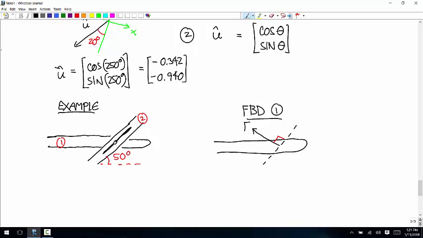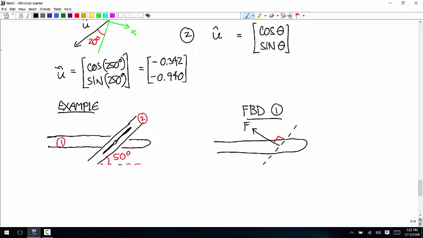We don't know what the magnitude is, so I'll just call it F. At first thought, you might think that's two unknowns, an x and a y component of a force vector. But if we take advantage of the fact that we know the direction, and we represent this direction as a unit vector, then we're down to only one unknown, because we just have this scalar F multiplied by a unit vector that we can know. So that's the benefit of using unit vectors.